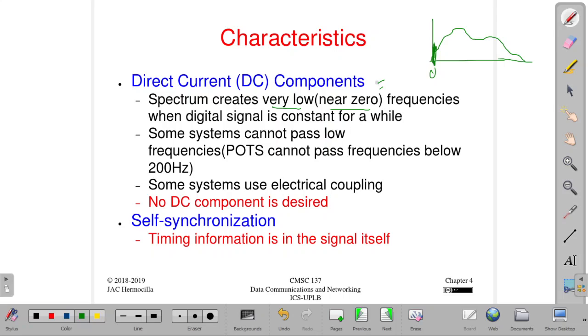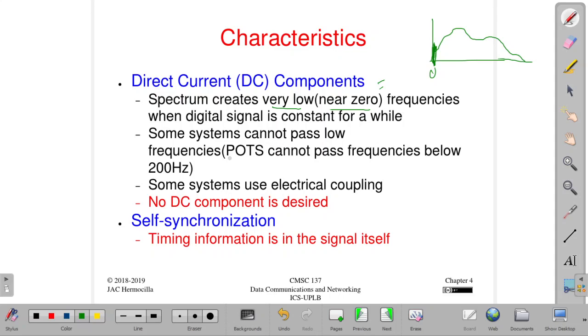Now the problem with encoding schemes that have DC components is that there are some transmission media or systems that cannot pass very low frequencies.